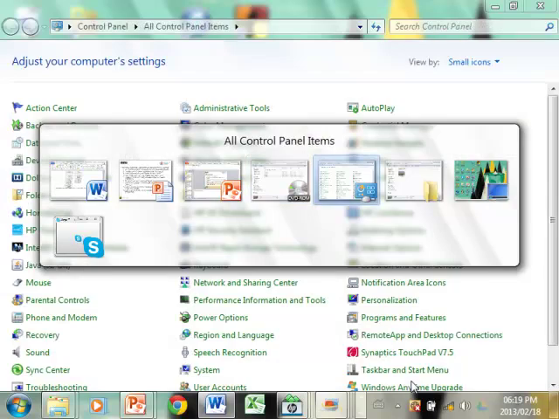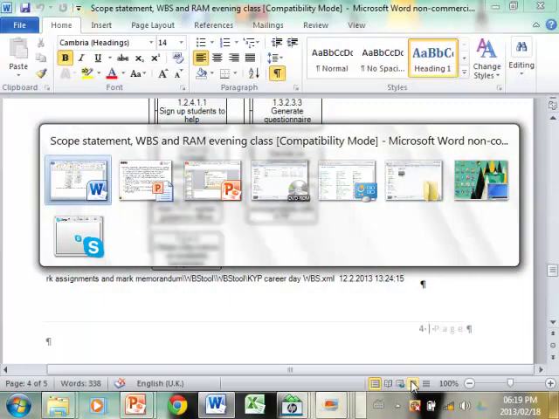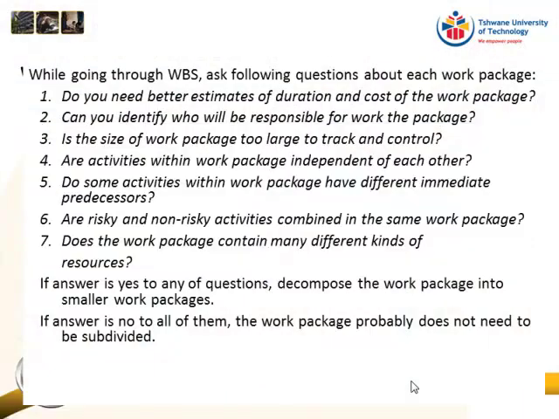Can you identify who will be responsible for the work package? It's not just, well, I know that for the group levels, it's group 1, 2, 3, 4, 5, whatever. But within your group, can you say Lufuno is going to do that and Alina is going to do that?